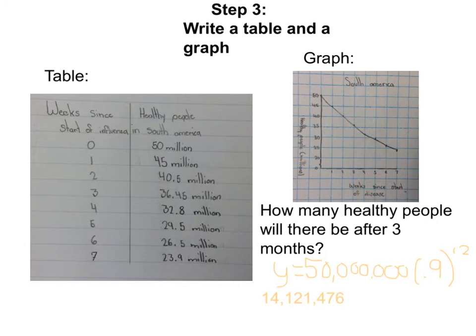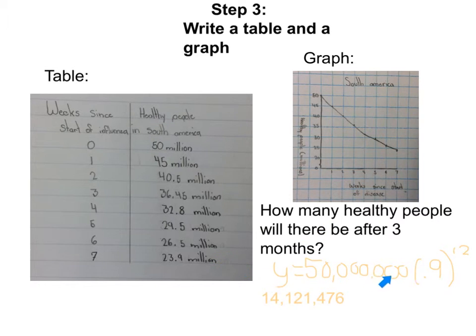Step 3, write a table and a graph. So the table starts at 50 million and it goes down 0.9 each time, and 50 million starts right there and it goes down, so each point is there. The question is, how many healthy people will there be after 3 months?